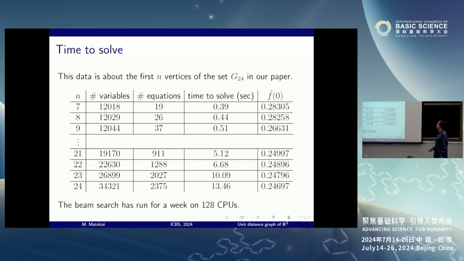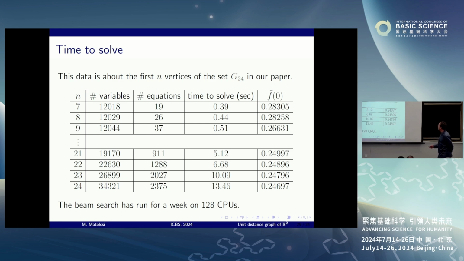And this is just some numbers of how many variables we had to deal with and what the running times are and so on. So if you look at the last line, well, actually this is from a previous presentation. The last line, it should be 23. Well, it was 24, but one of the vertices was redundant. So at the end, it's just 23.